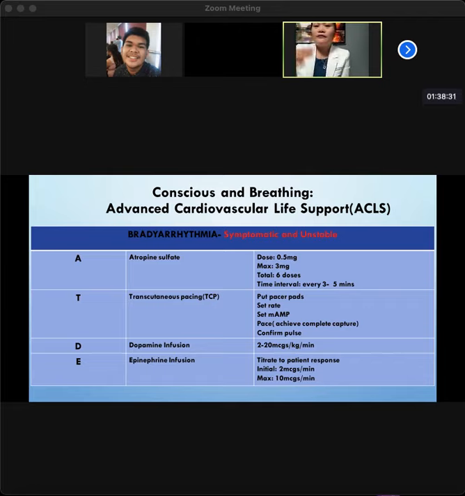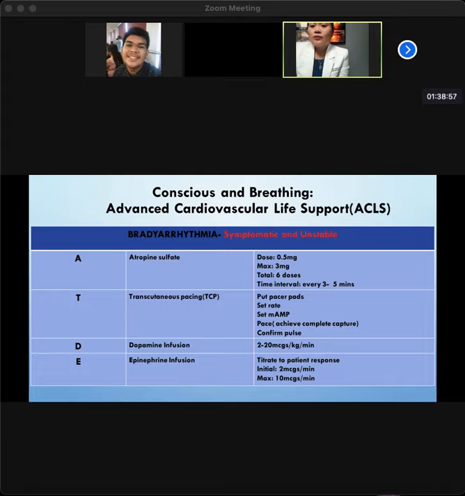Okay? For atropine sulfate, you can give 0.5 milligram, as we have discussed before, at maximum dose of 3 milligrams and total dose of 6 doses with an interval of every 3 to 5 minutes. Okay? Naintindihan? Pag hindi pa rin effective, hindi pa rin nag-increase ang heart rate, then you can give your dopamine infusion.